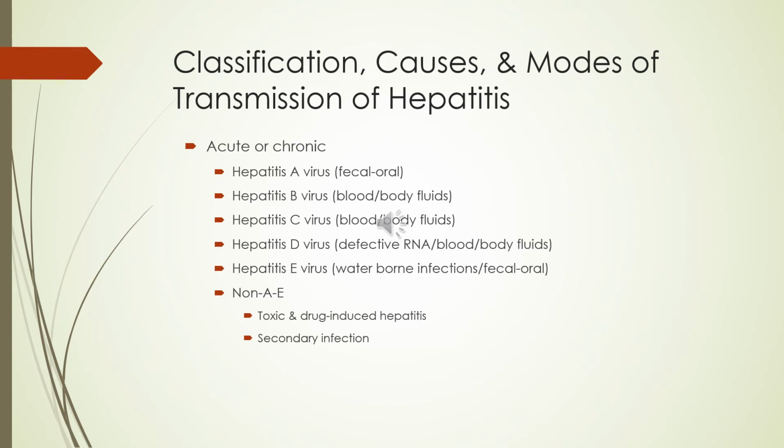Hepatitis D is a defective RNA, also from blood and body fluid. Hepatitis E is a virus that occurs from waterborne infections and/or fecal-oral infections. And then the book also lists non-A through E, which is just a toxic and drug-induced hepatitis, and it is secondary to infection.